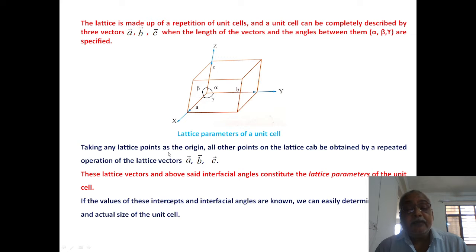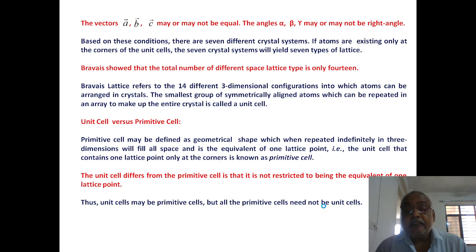Taking any lattice point as origin, all other points on the lattice can be obtained by repeated operation of the lattice vectors a, b, c. These lattice vectors and the above-said interfacial angles constitute the lattice parameters of the unit cell. If the values of these intercepts and interfacial angles are known, we can easily determine the form and actual size of the unit cell.